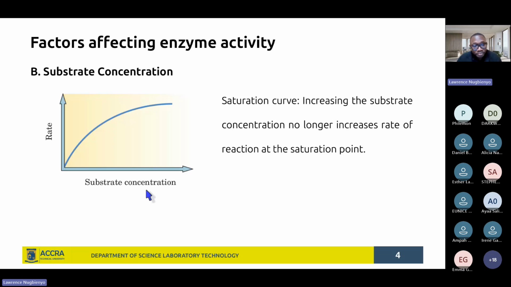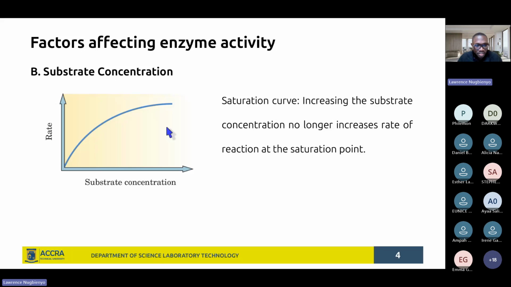We continue with the second factor, which is substrate concentration. So the first one was enzyme concentration. Now we are looking at substrate concentration. And here we see something interesting, that again, the rate of the reaction is on the vertical axis and substrate concentration is on the horizontal axis.